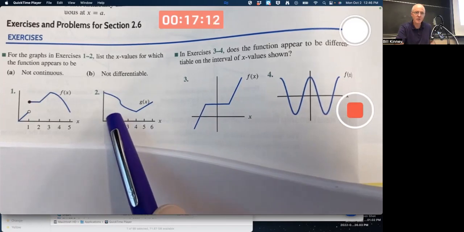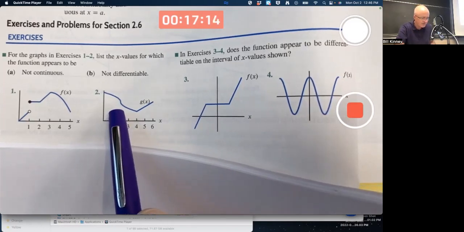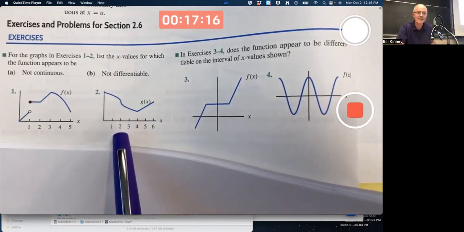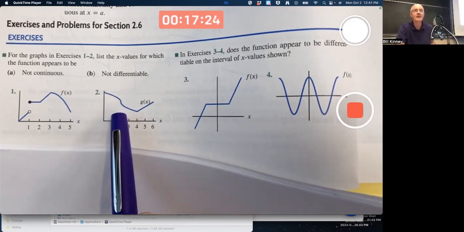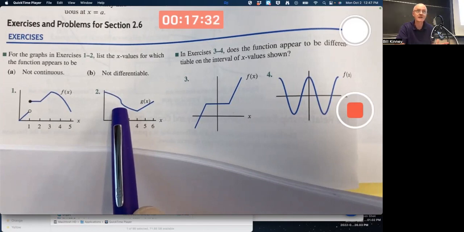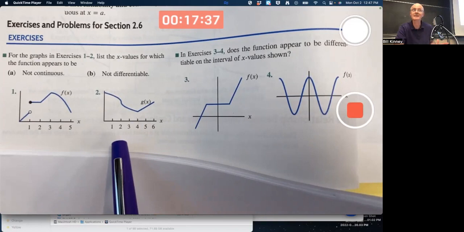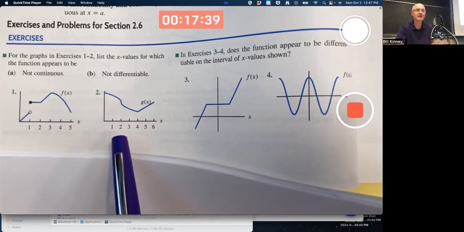This graph doesn't have a formula, but it does look like it's got a vertical slope at one point right there when x is 2. So even though the graph is smooth, you might say, no corner there, the fact that it's drawn in such a way to look like it has a vertical tangent at that point, if you zoom in closer and closer to that point, it's going to look more and more vertical, is enough in this purely graphical problem to say, no, it's not differentiable at 2.